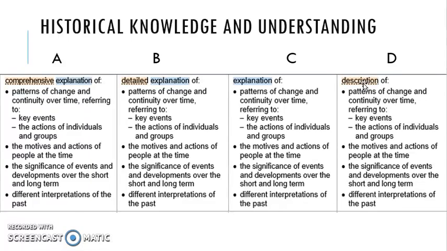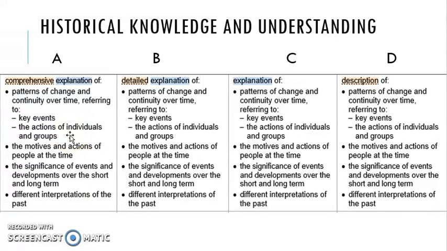So the types of knowledge that your teacher is looking for, you can see there are 4 dot points here. The first dot point is about patterns of change and continuity over time. So your teacher is looking that for your information you have talked about things that changed during the Industrial Revolution, things that stayed the same during the Industrial Revolution, and that as part of that you've talked about key events that changed things, and what certain individuals or groups did that might have changed things or kept things the same.